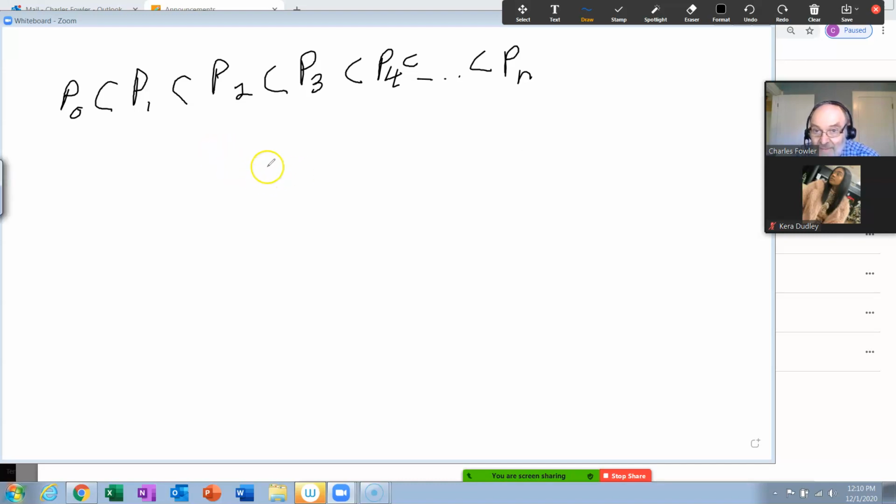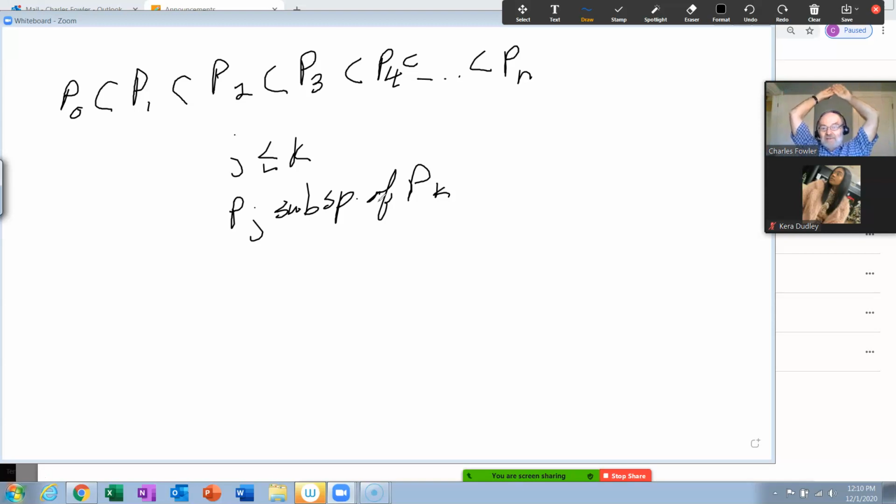And anytime J is less than or equal to K, then you're guaranteed that P sub J is a subspace of P sub K. Now, if they were equal, that would be one of those trivial subspaces, the very space itself.